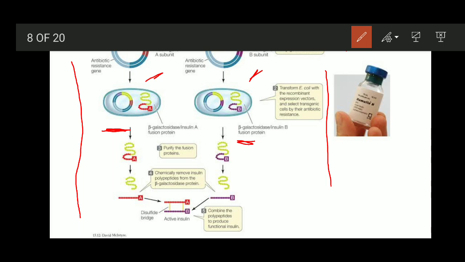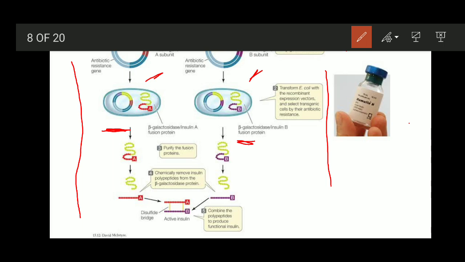Now, in these bacterial cells, the plasmid is here. After the growth of the plasmid in the upstream processing, what will happen? It is going to produce the product. Here, the red color represents the chain A polypeptide and yellow represents the enzyme beta galactosidase. Together it is known as a fusion protein.